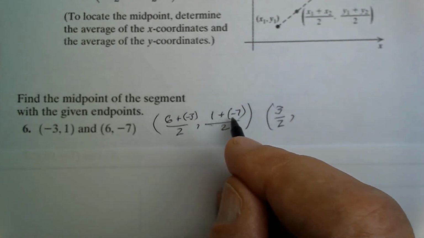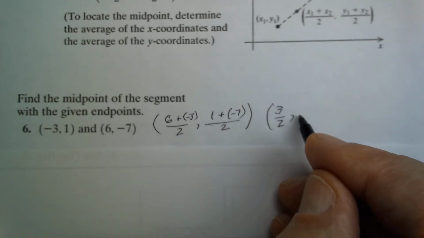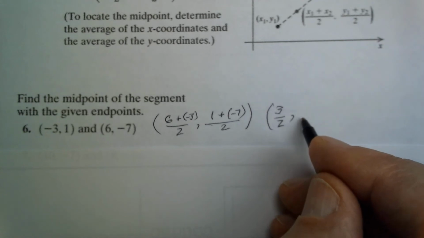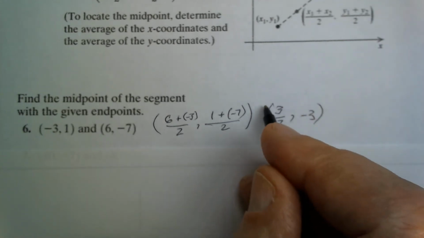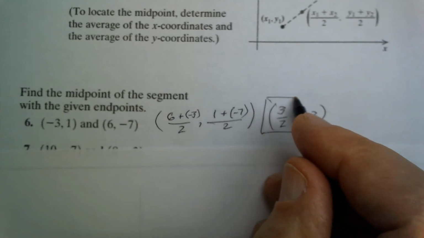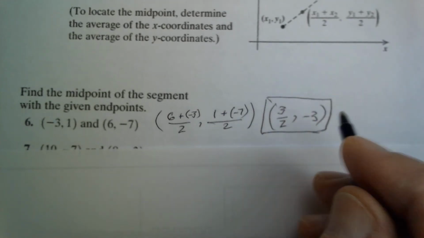And so here we have 1 minus 7 is minus 6 divided by 2, and that's equal to negative 3. So that is the midpoint. These are the coordinates of the midpoint.